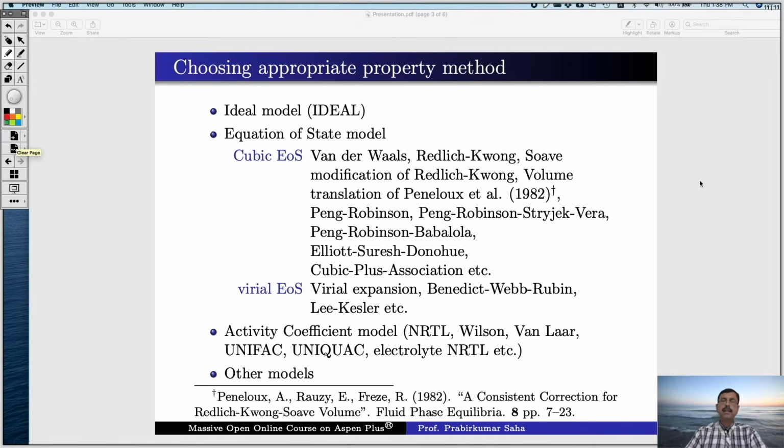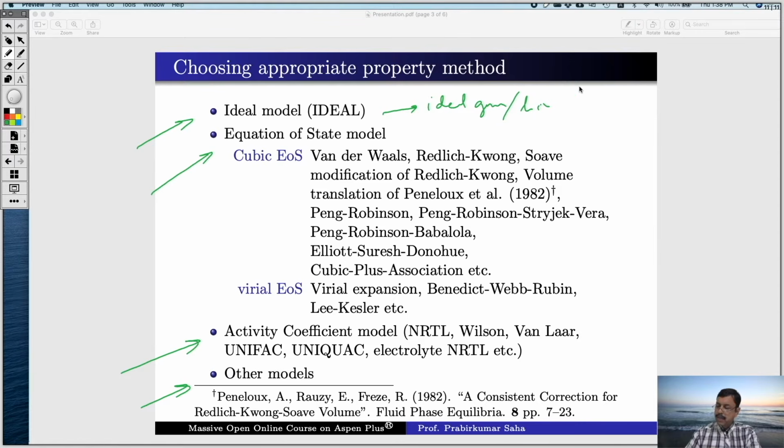In general, there are 4 choices for choosing an appropriate property method: ideal model, equation of state model, activity coefficient model, and other models. The ideal model is applicable for a system composed of ideal gases and liquids.